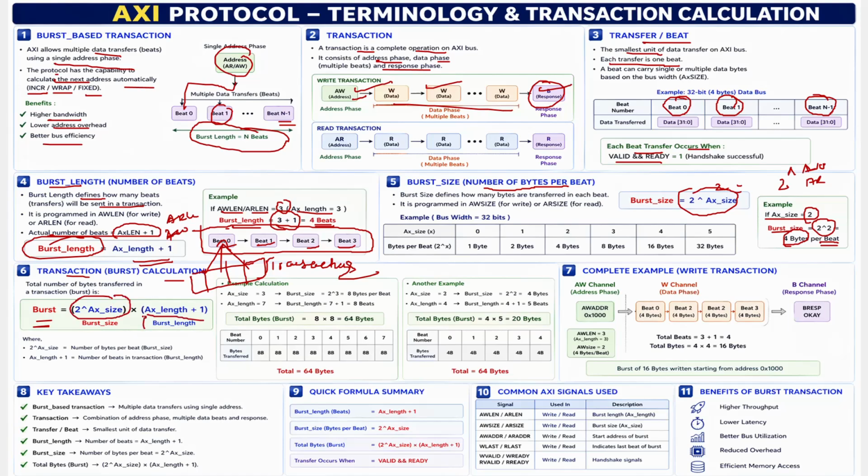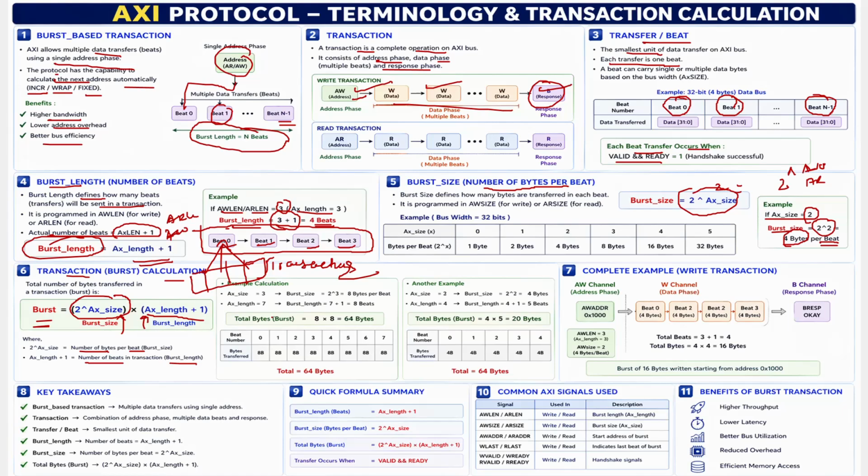This is the burst length and this is the burst size. Burst size tells us the number of bytes per beat, and burst length tells us the number of beats in one transaction.